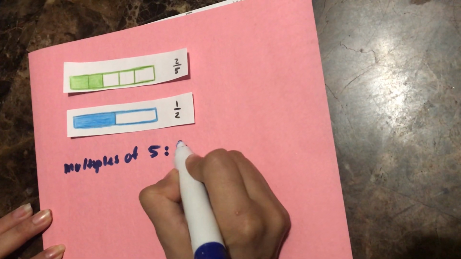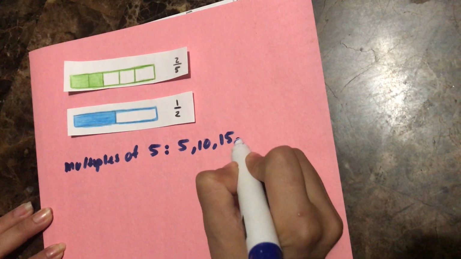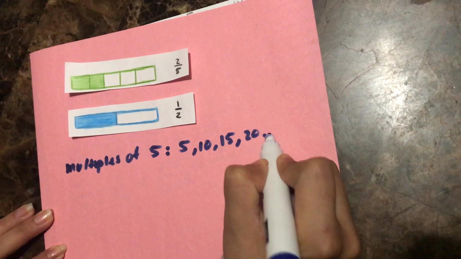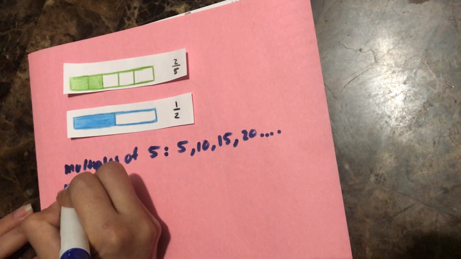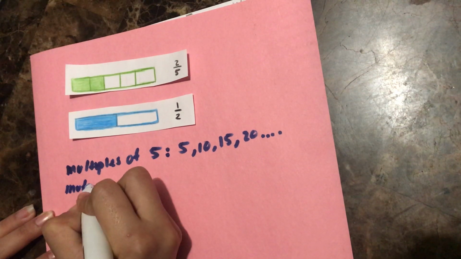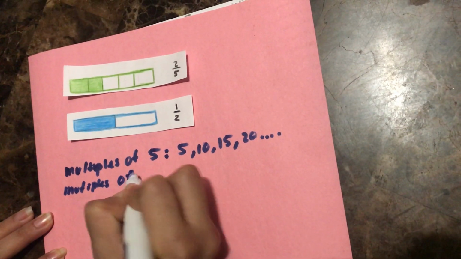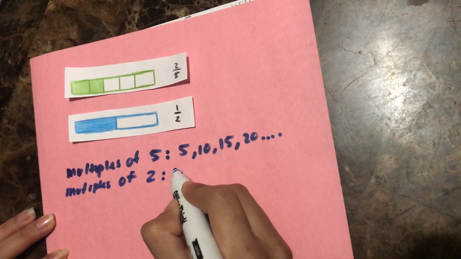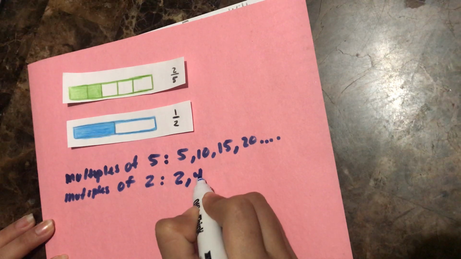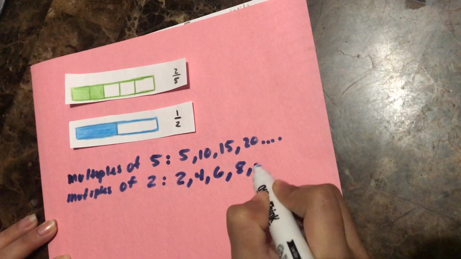So we have 5, 10, 15, 20, and so on. We can always come back and add more multiples if we need to. Now let's do multiples of 2. So it's 2, 4, 6, 8, and 10.